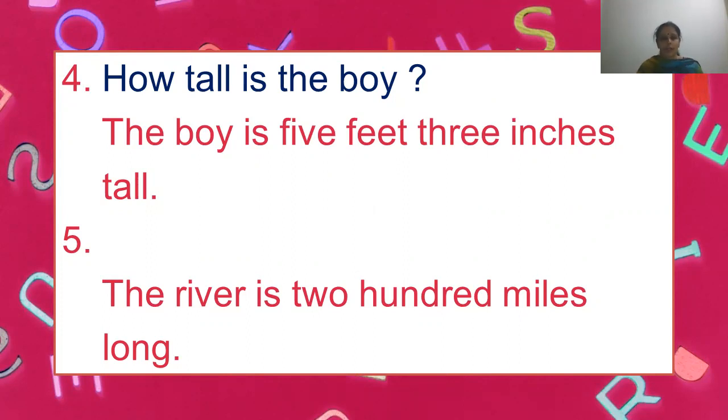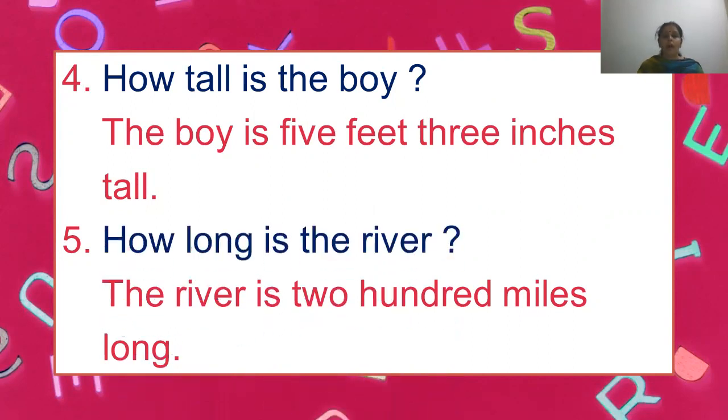So try to frame the question for this. The river is 200 miles long. So what should the question be? How long is the river? Yes, easy, isn't it? Clear? You all got this? Let's see the next question now.